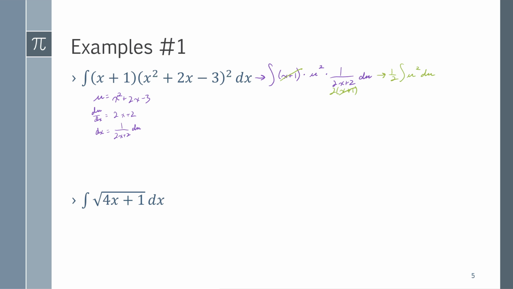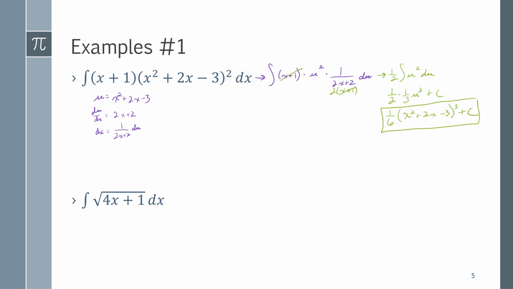There are no x's left, so this is a good substitution. So I have 1/2. The antiderivative of u squared is 1/3 u cubed plus c, because it's an indefinite integral. And then I need to replace my u with what I said it was equal to at the beginning. And here is my antiderivative.